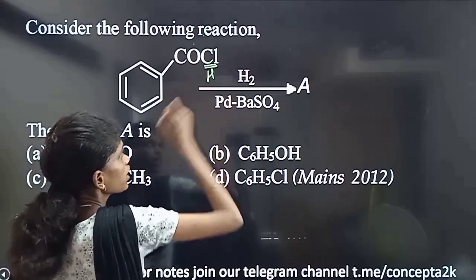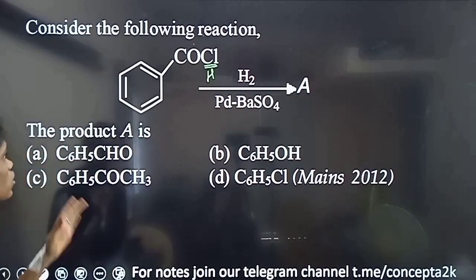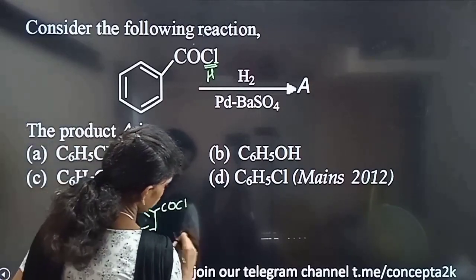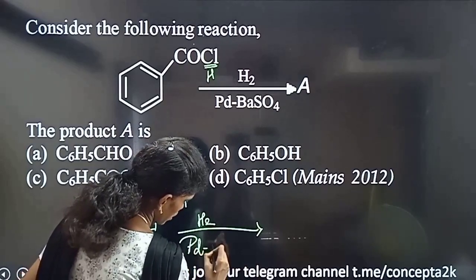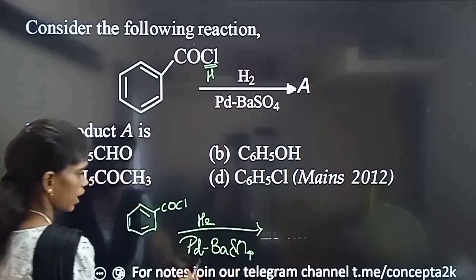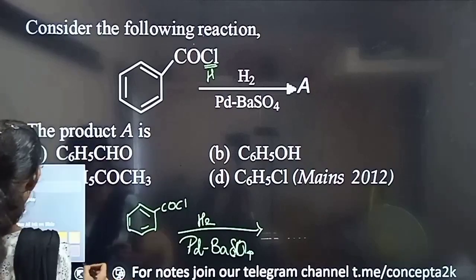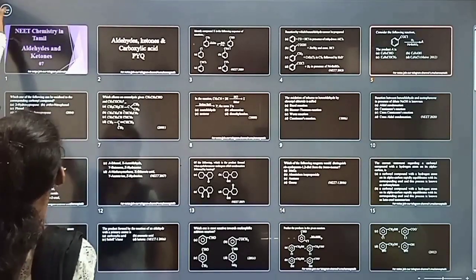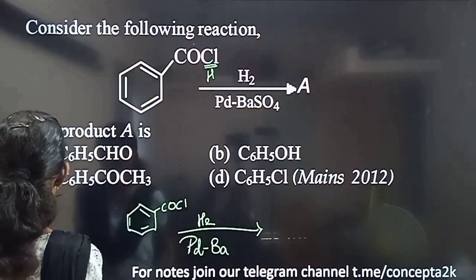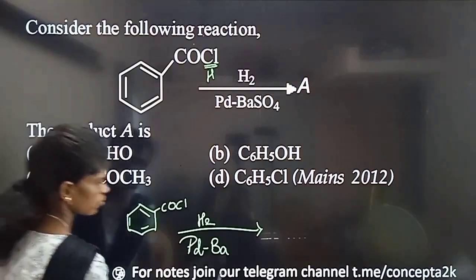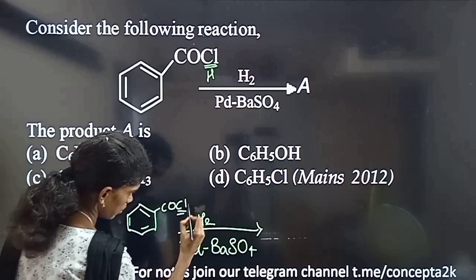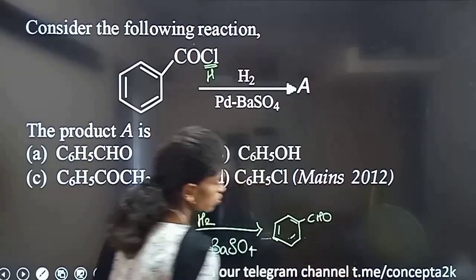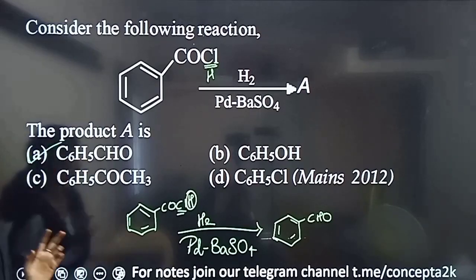The Cl will be replaced by a hydrogen, so benzene-COCl with H2 and Pd on barium sulfate forms benzaldehyde. So option A is the right answer.